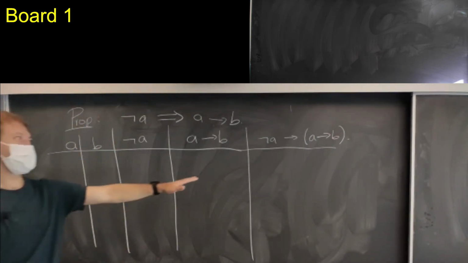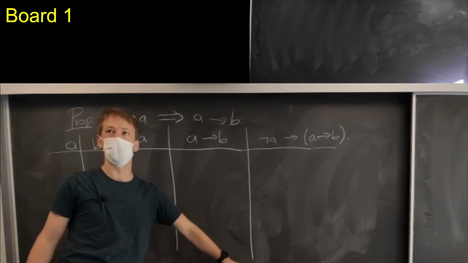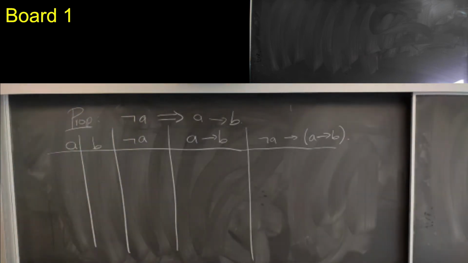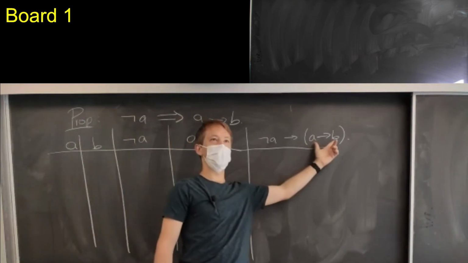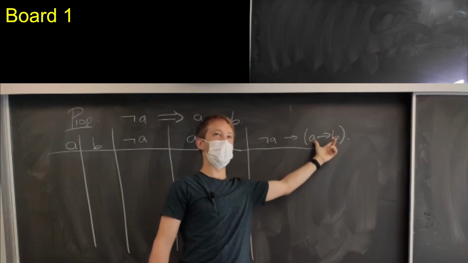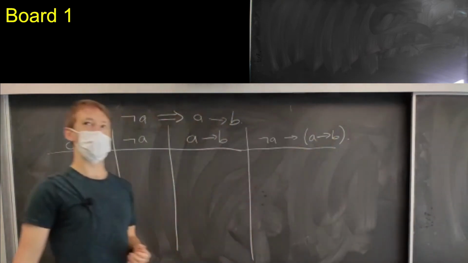But to be safe, let's write this last column and just show it's a tautology. And note how I put the brackets. Please, please, please remember to put brackets in these things.